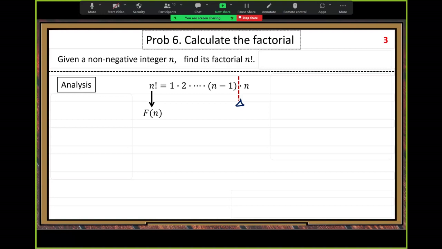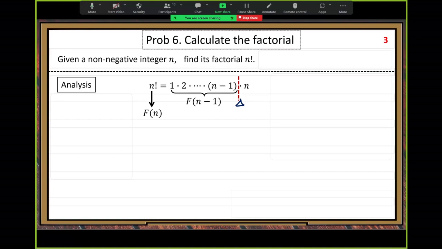After this reduction, let's look at the two parts. The larger part, we can still use the same F function to represent. It is still a factorial, but a factorial of n minus 1 consecutive integers.